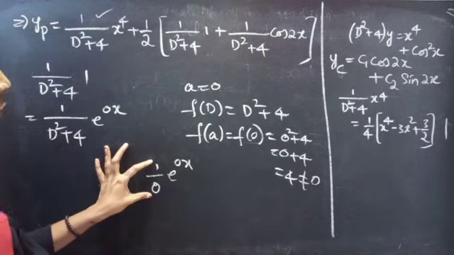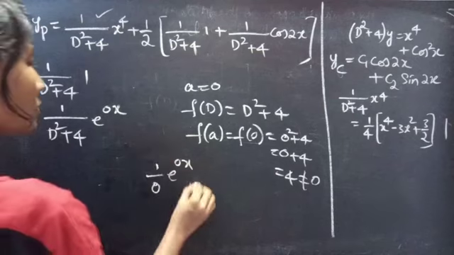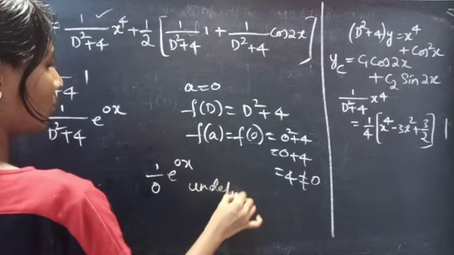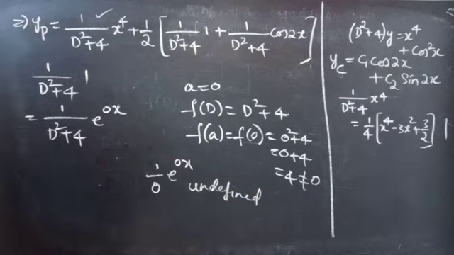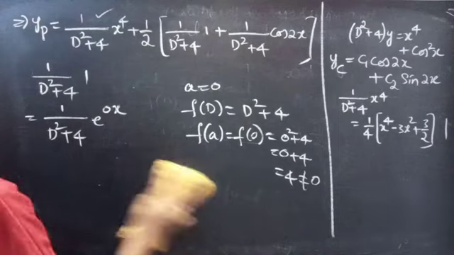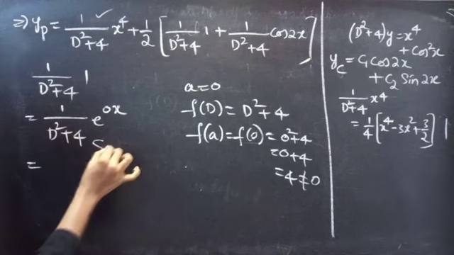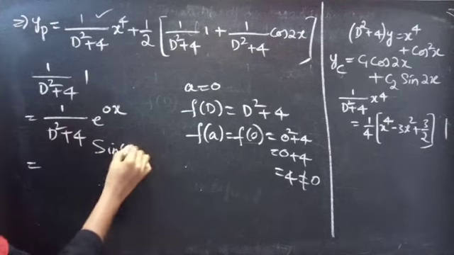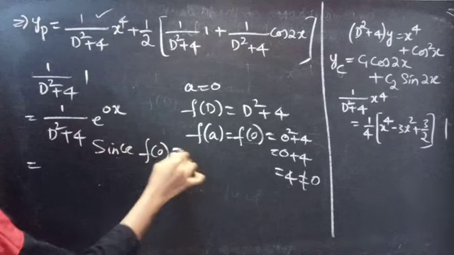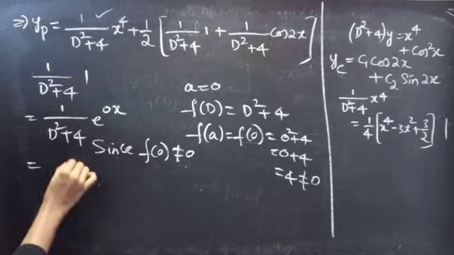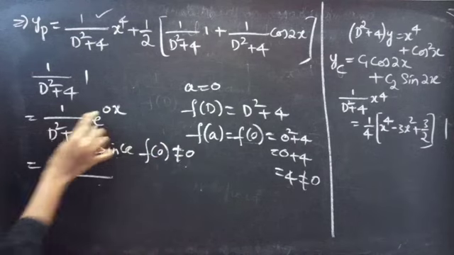We know that 1 by 0 is undefined, so the total term becomes undefined. Now, by replacing D by 0, we got 4, which is non-zero, since f of 0 is not equal to 0. So, we can replace this D by 0.